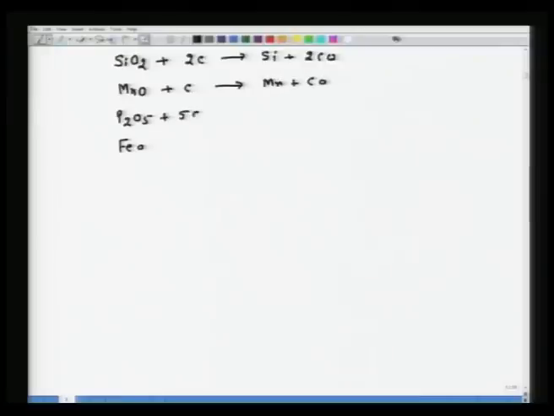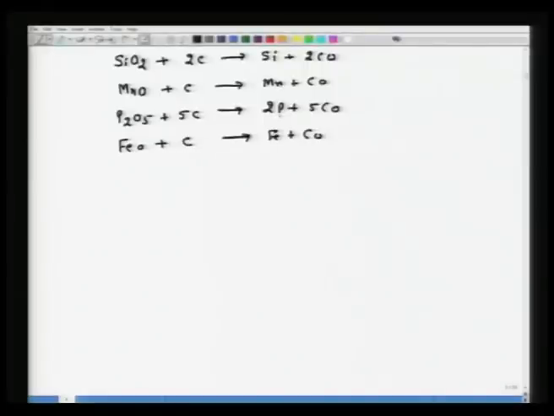P2O5 plus 5C gives you 2P plus 5CO, FeO plus C gives you Fe plus CO. So, all these reactions occur between the belly and the Bosh region, the temperature being very high, iron gets melted and it absorbs silicon, manganese, phosphorus and sulfur, and thereby the formation of hot metal takes place and hot metal trickles down.